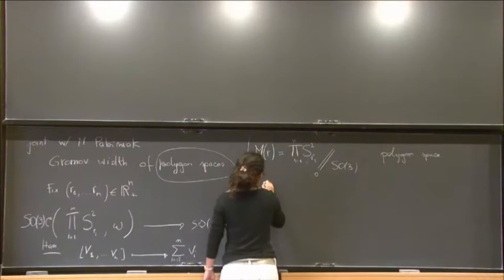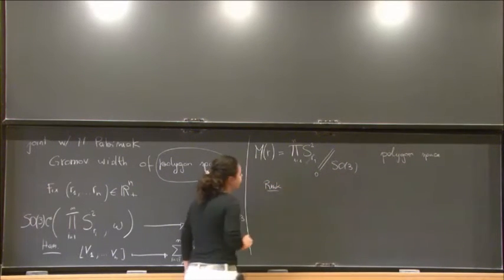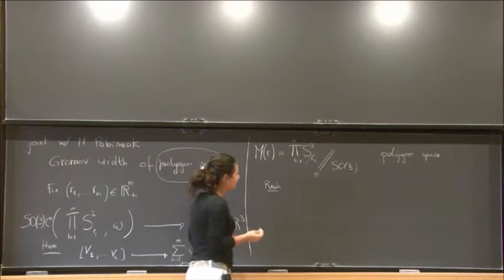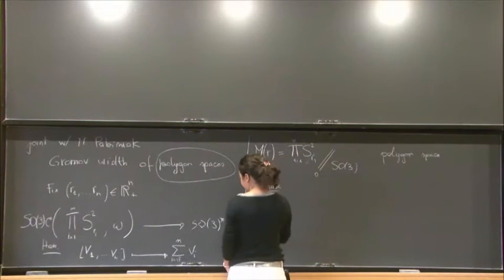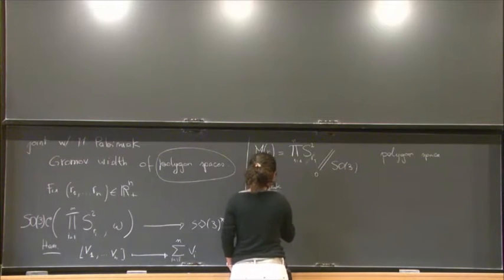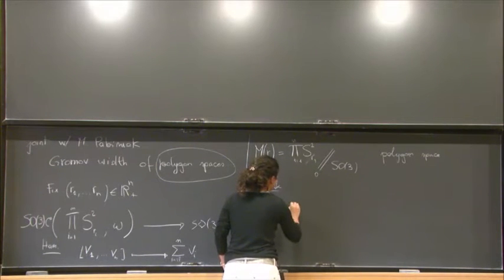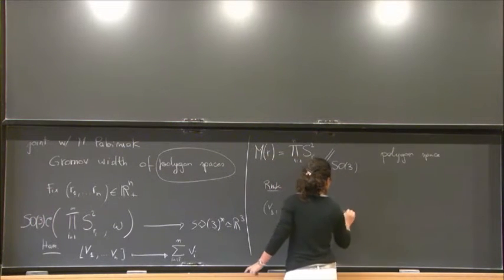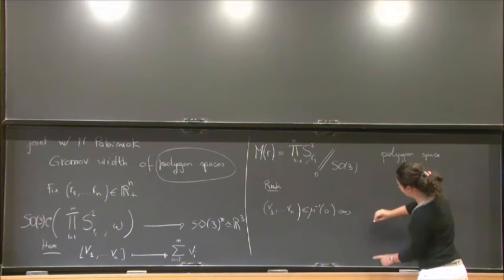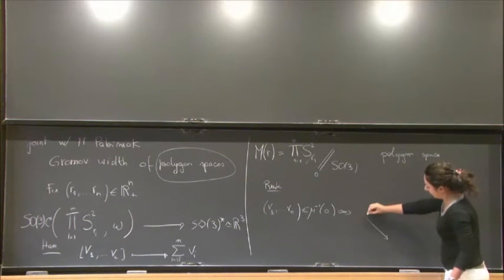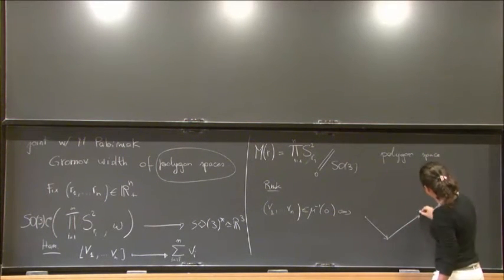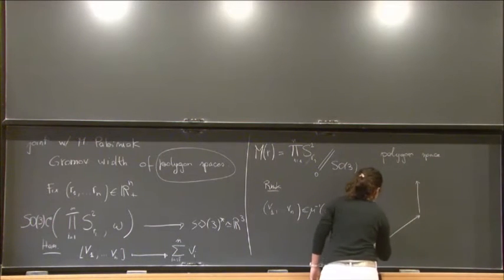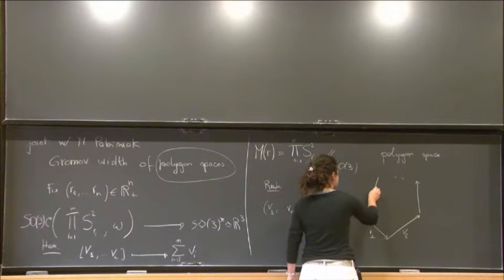So a few remarks, comments, and observations. So why do I call it polygon space? Well, I'm taking here the zero level set. So saying that an n-tuple of vectors V1 through Vn sits in the zero level set for this moment map just means that whenever I consider the vectors in R3 and I sum them, I construct this broken path, then at the nth step, I come back to the starting point.